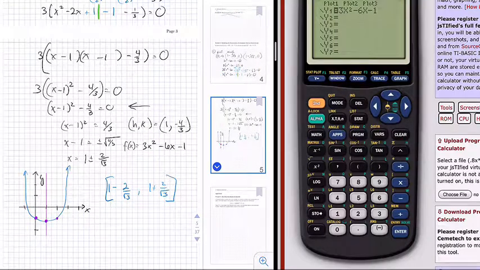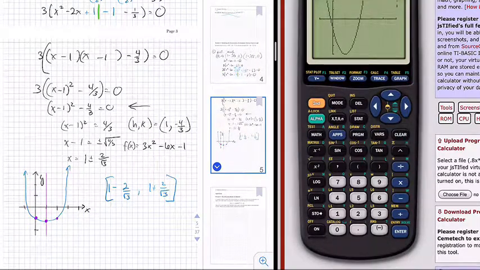And our window should be fine for now. It crosses at negative 1, then the vertex, then up. Okay. So it's below the x-axis between those intercepts.